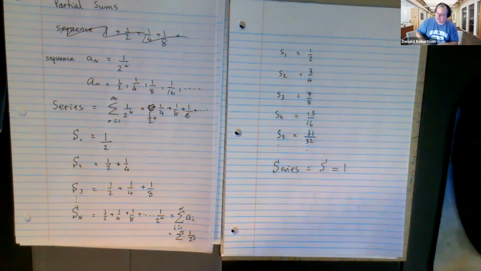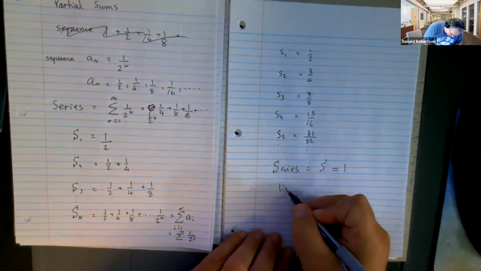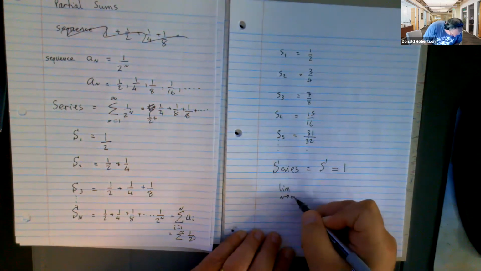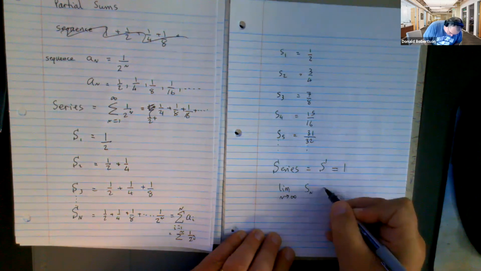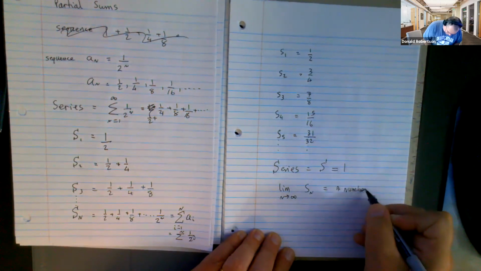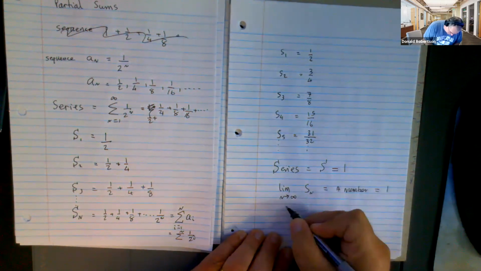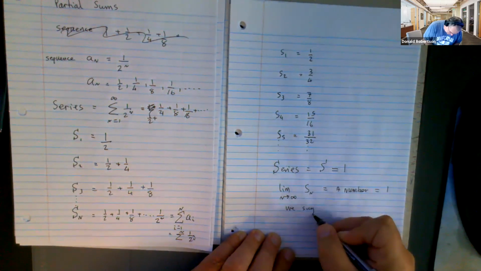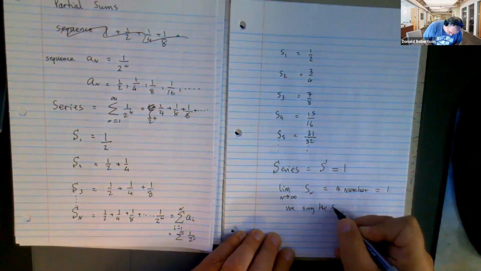And so what you're doing is turning the question into, does this sequence of partial sums converge? If the limit as n tends to infinity of the partial sums is equal to a number, in this case 1, we say the series converges to 1.